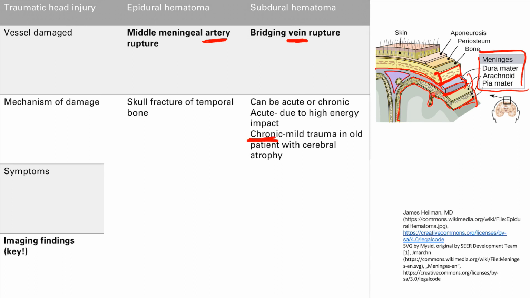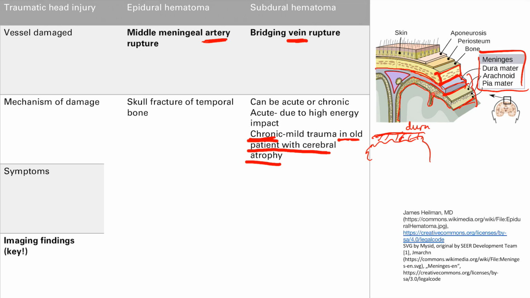In a chronic event, you have a mild trauma, but the patient is old, so they have cerebral atrophy. The brain shrinks down. Let me try to explain this. This is a normal brain. This is the brain, this is the arachnoid, this is the dura, and we have these veins here connecting the two.